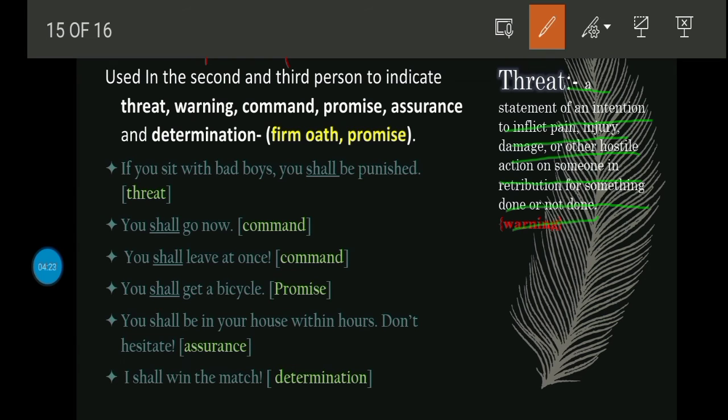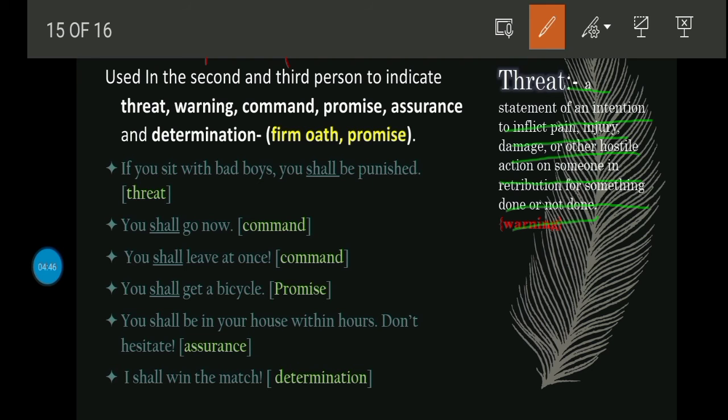So here it is a statement of an intention to give pain, injury, damage, or other hostile action on someone because you want to take retribution for something done or not done. In simple words, we can say warning.